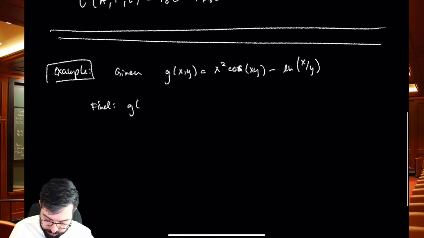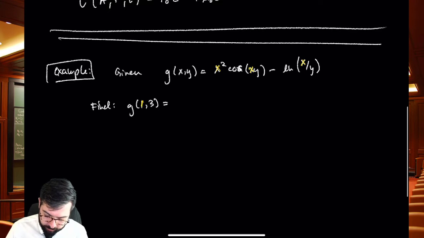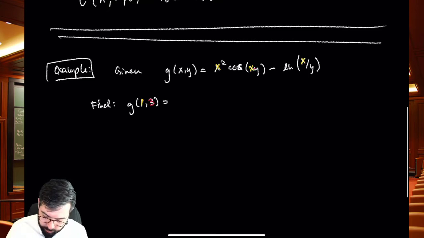Say find g of 1, 3. Well, this is really as simple as replacing 1 wherever you see x and 3 wherever you see y.